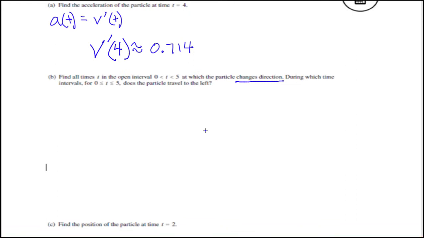So we're saying, where does my velocity go from a positive to a negative, or from a negative to a positive, which is exactly what you were saying. So what's acceleration? Acceleration is how fast I'm increasing. I'm running into the wall, and then I slow down, and then I start changing direction. So it's the rate of change of the velocity, yeah. That's a great review. Okay, so what we're looking for is where v prime changes sign.